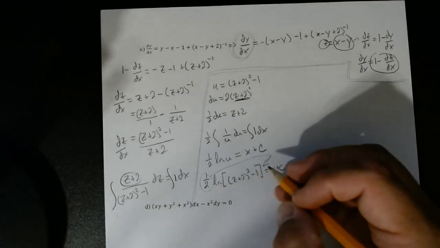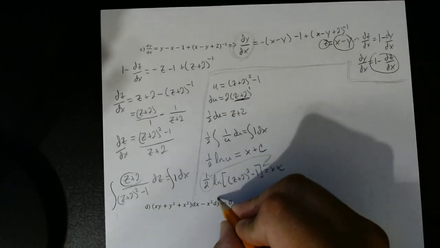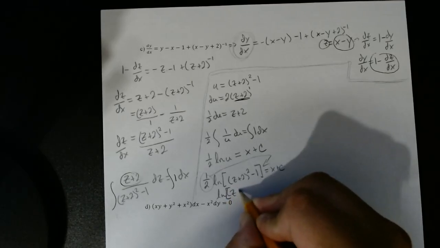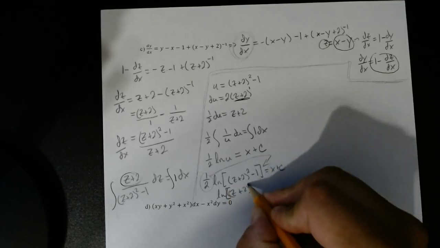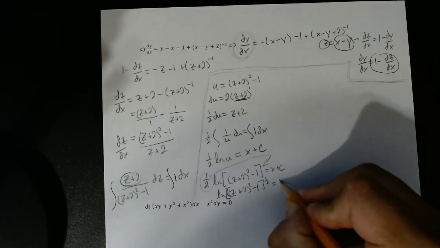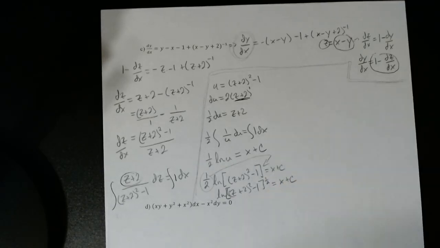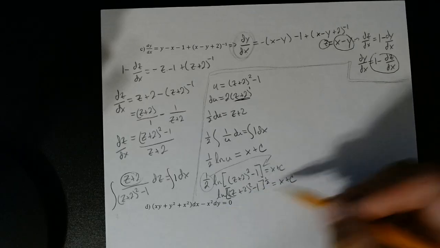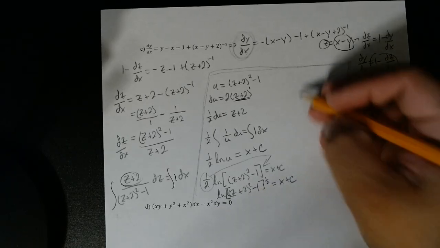Yeah, we can't divide it over yet. So this ends up being that. And now we're going to take the e to both sides, so raise everything to the e power.